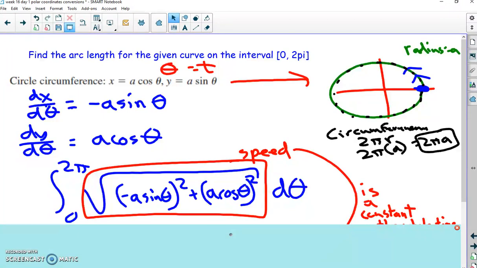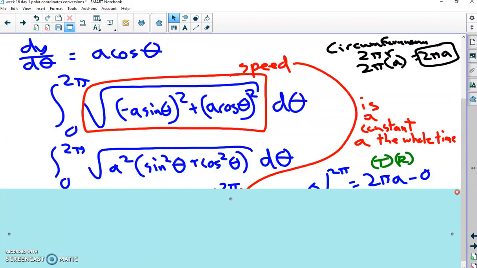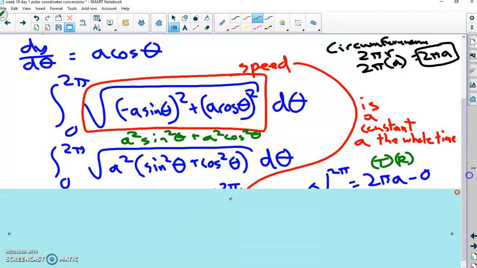So if you square this out, I get a squared sine squared plus a squared cosine squared. And from that, I just factored out the a squared.